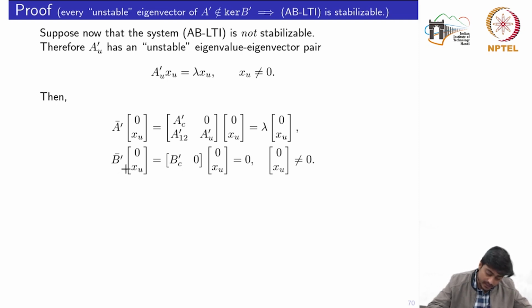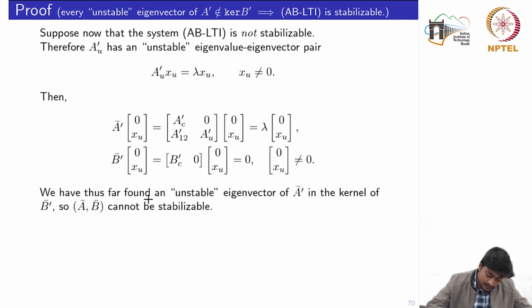Similarly, if I expand this, B bar transpose into this state vector becomes equal to 0, because we have xc equal to 0. But we also know that x bar is not equal to 0. So we have thus far found an unstable eigenvector of A bar transpose in the kernel of B bar transpose.